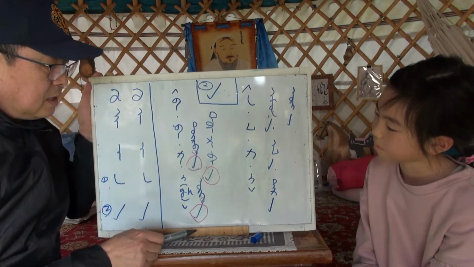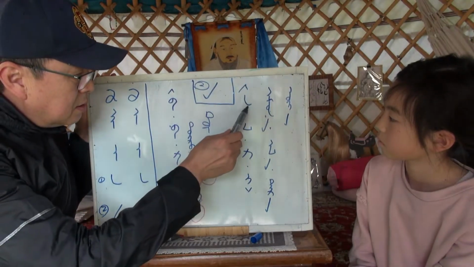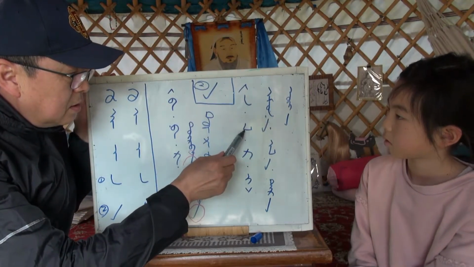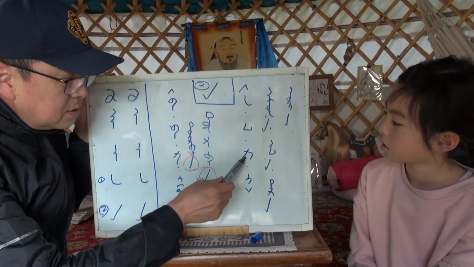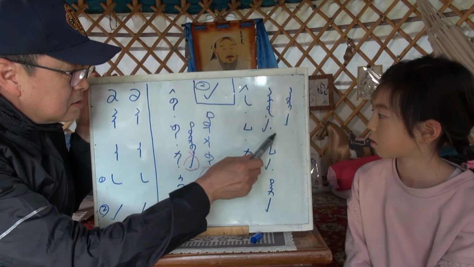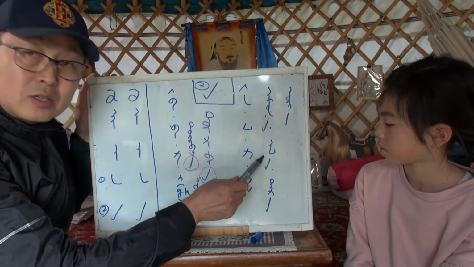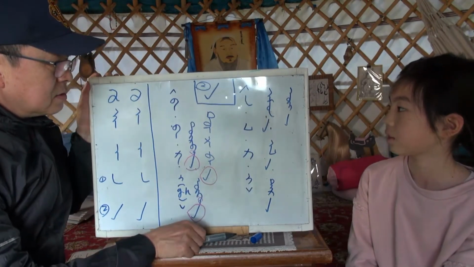This shape is also used after n, but in this case, you have to write it separately, not connected, because they're cushions.